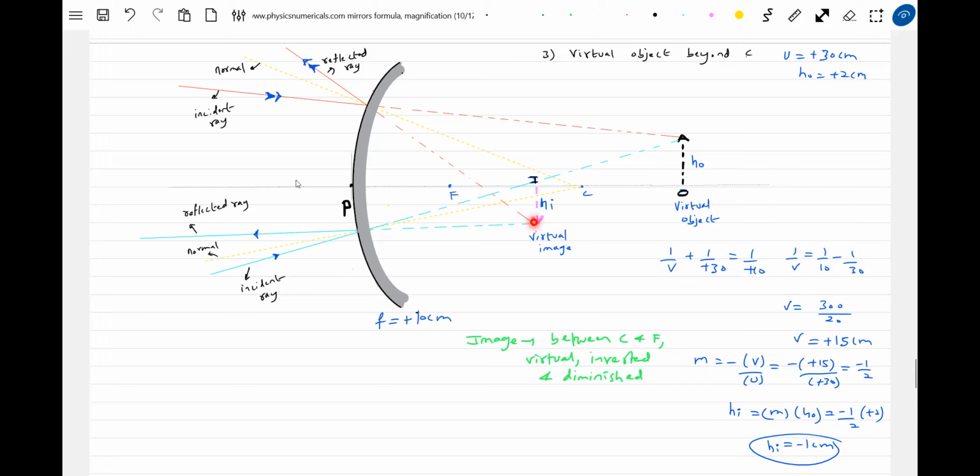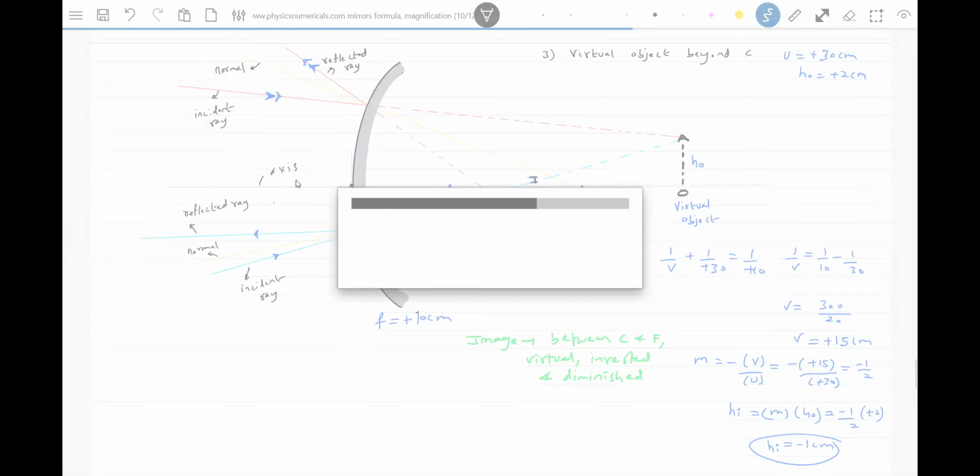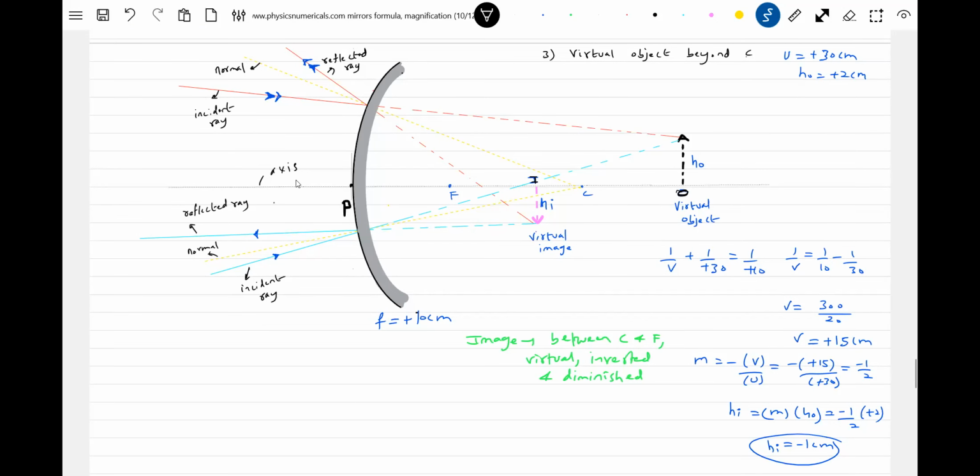So this should be the location of the virtual image. Fine. So this is about the ray diagram, and this is the principal axis, optic axis, or just axis. So when the virtual object is beyond C, the image will be between F and C, virtual, inverted, and diminished. You can see HI less than HO from the ray diagram also.